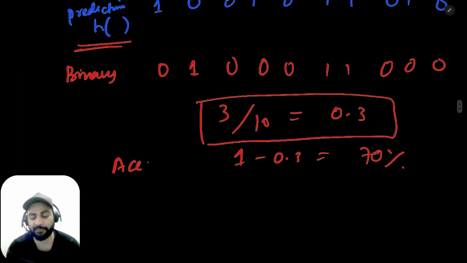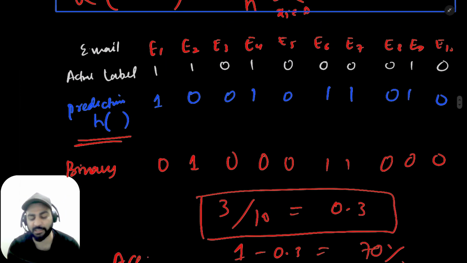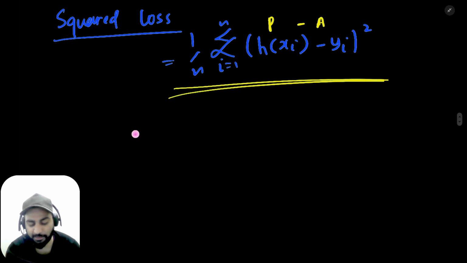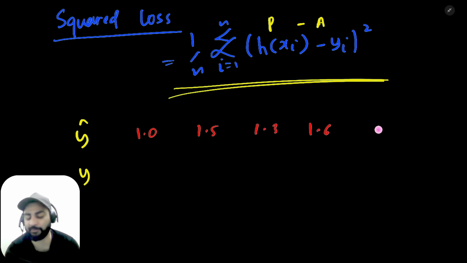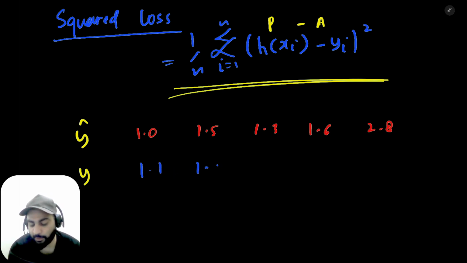Taking this in context, let's suppose y hat are the predictions and y is the actual value. Let's suppose the predictions are 1.0, 1.5, 1.3, 1.6, and we'll take 5 values only, 2.8. Let's suppose the actual values were 1.1, 1.8, 1.6, 1.5, 2.8.